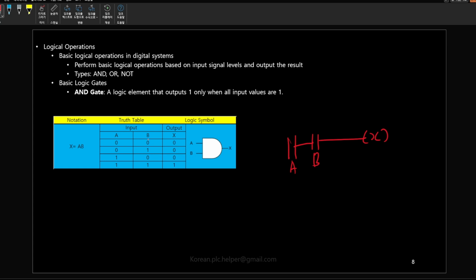It is a gate where the output is true only when both A and B are true. In the true status, X is true.